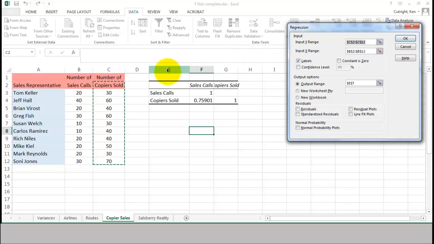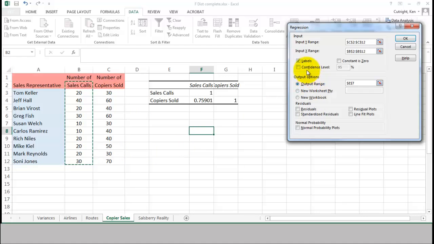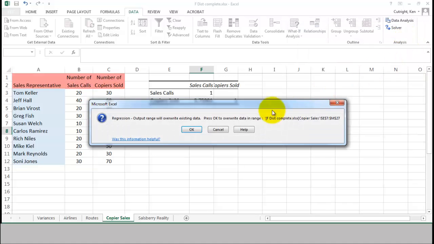So the Y value would be the dependent variable, and that's the number of copiers sold. The number of sales calls made is the independent variable that goes here. We do have labels, and we want to put the output in cell E7.